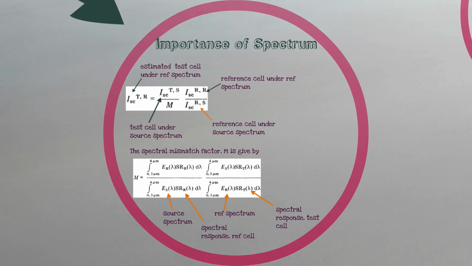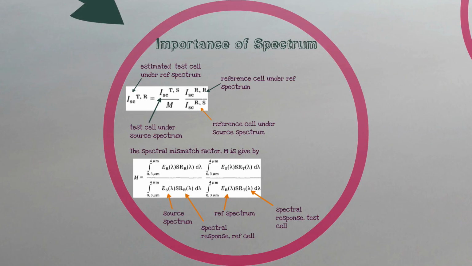Now, the spectral mismatch factor is simply something that gives you an average ratio between the source spectrum that you're trying to measure, let's say some light out in the field, and some reference spectrum that you know very well, that you've calibrated very well. And it's relatively simple. You take the source spectrum, which is down here in the denominator, E, multiplied by the spectral response of the cell, which is the quantum efficiency, which we'll come to in the next slide, and do an integral.